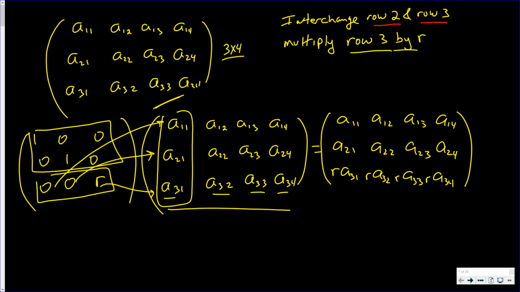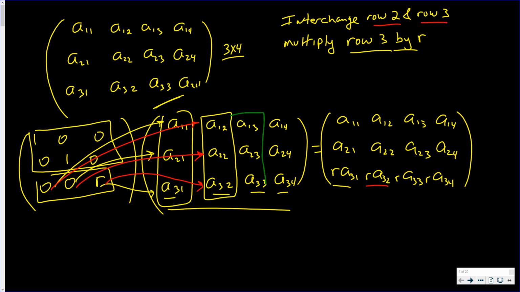So I got back the first entry correct in row 3. The second column entry: 0 times A12 is 0. 0 times A22 is 0. Oh, look at this. Plus r times A32. That's exactly what I wanted to get back.